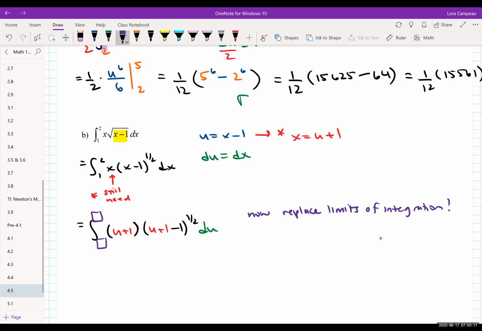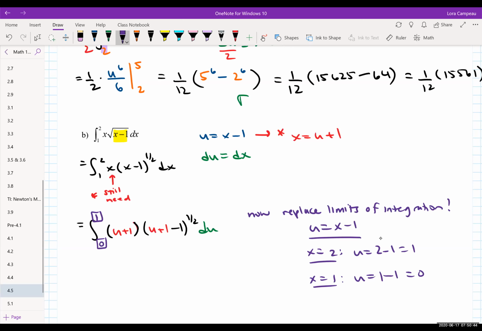So if x is u plus 1, u is x minus 1. When x equals 2, u equals 2 minus 1, which is 1. When x equals 1, u equals 1 minus 1, which is 0. And that makes me happy. I like when I see 0.